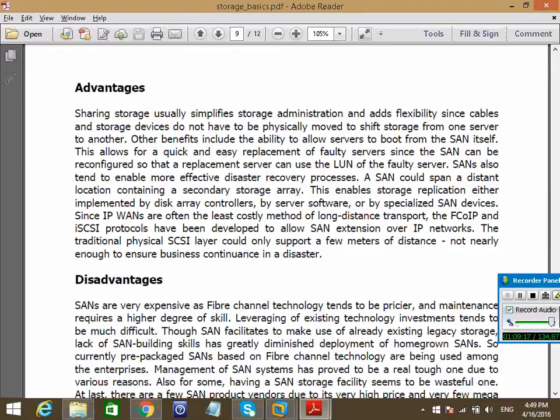But traditionally, the physical SCSI layer could only support a few meters of distance, not nearly enough to ensure business continuity in a disaster. It seems that IP is not suitable for a disaster. Fabric is mostly used for the disaster, to work on the disaster.